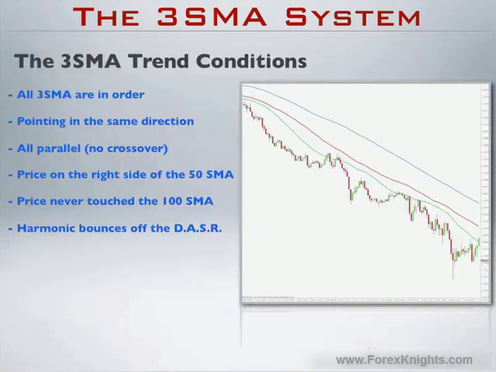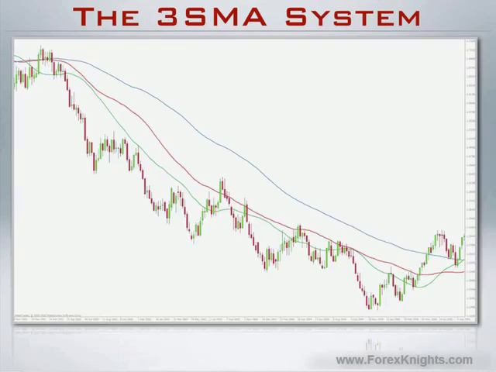We will see that the next condition we're going to be reviewing is that price never touches the 100 simple moving average throughout the trend. The 100 simple moving average is like the point of no return, alright? Once price touches the 100, that's it. The party's over. I'm sorry, it was a beautiful move all the way from there, actually there, all the way until this point.